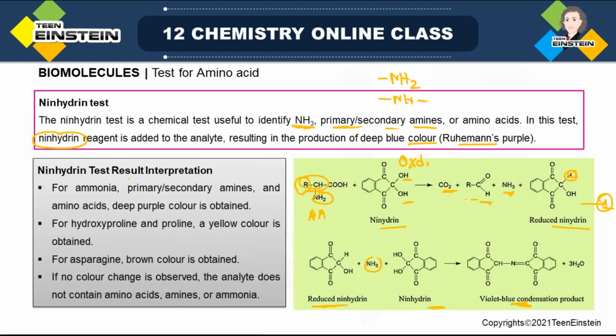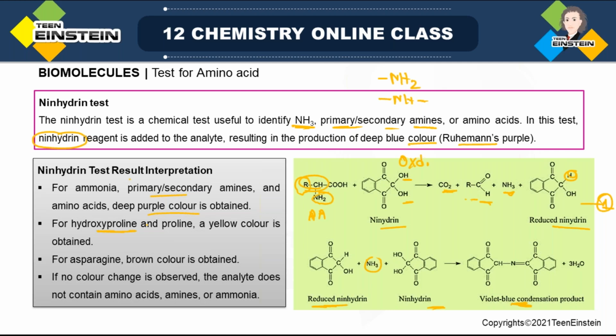If we interpret the result, for ammonia, primary or secondary amines, any amine, and amino acids obviously, a deep purple color is obtained. Remember hydroxyproline or proline, another type of amino acid where the side chain contains a ring structure, is a secondary amine.